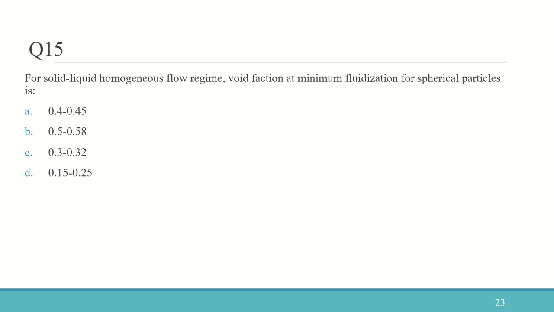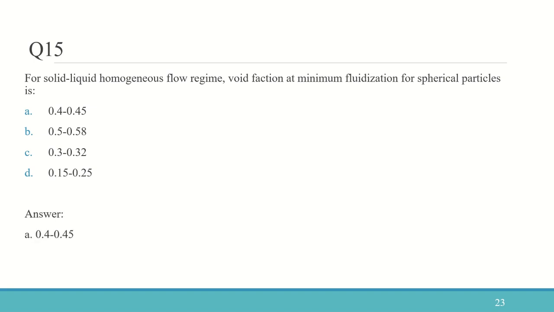So for solid liquid homogeneous flow regime, void fraction at minimum fluidization for spherical particles is 0.4 to 0.45. So if we are using spherical particles in the solid liquid homogeneous flow regime, we have the void fraction as 0.4 to 0.45 at minimum fluidization condition. So that is question 15.